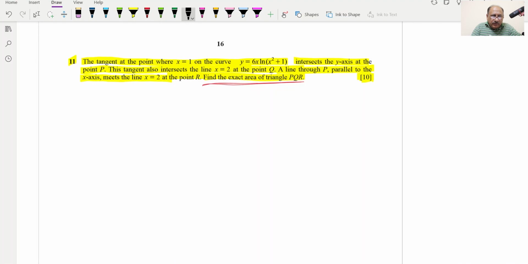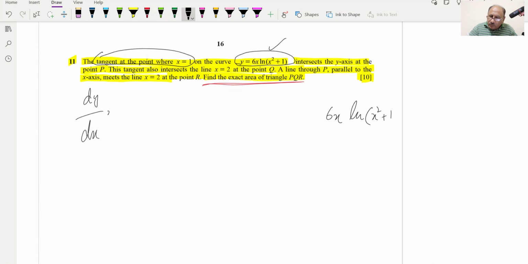So what we can do, we will take this y and the tangent to the point at x we will find. So dy over dx we can write, which will be the derivative of this one. So derivative of this will be like we have 6x and log of x squared plus 1. So uv, this is our u and this one is v. So the product formula will be applied.